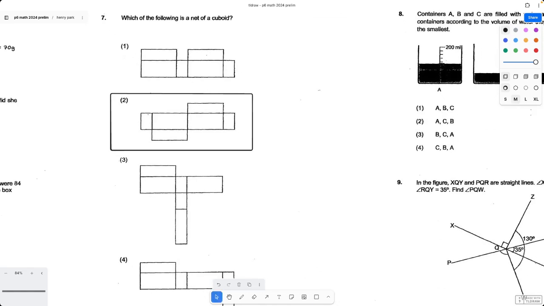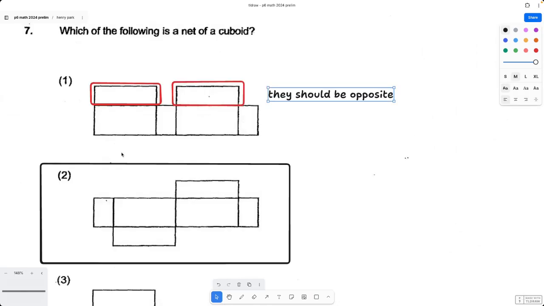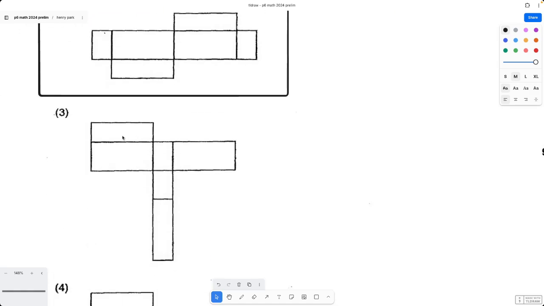So let me write down some notes. Option number 1, these two should be opposite. Next one is this one, and let me think. Yeah, and this one should be horizontal, right?